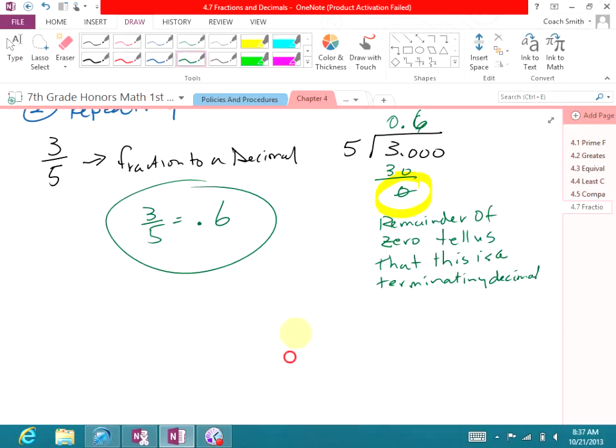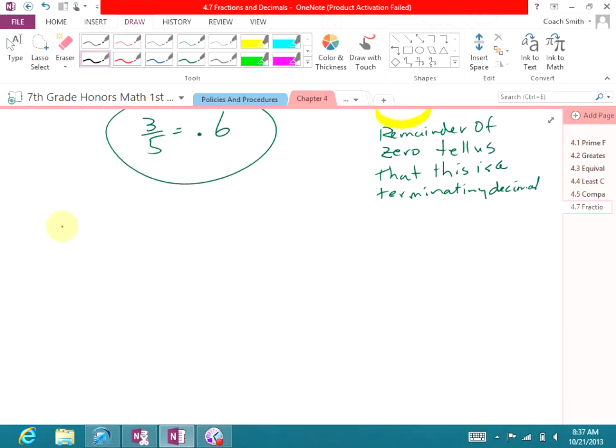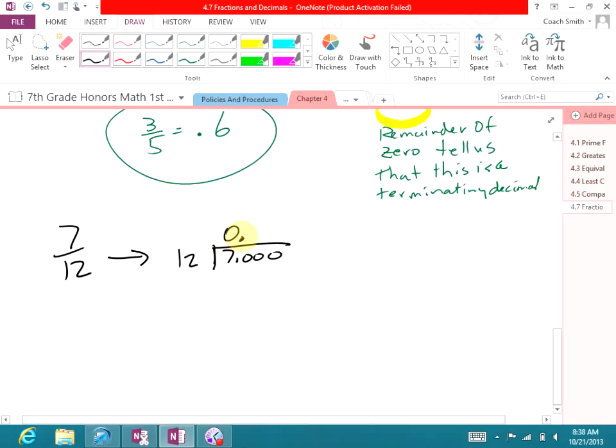7/12. Okay, 7/12 means I take 12 and divide it into 7. Well, 12 doesn't go into 7, so I put a 0, bring up my decimal. 12 into 70 goes 5 times.